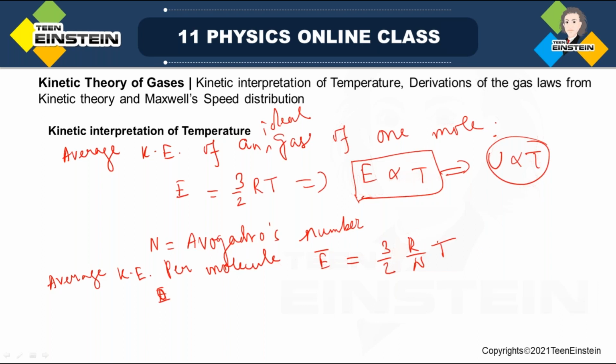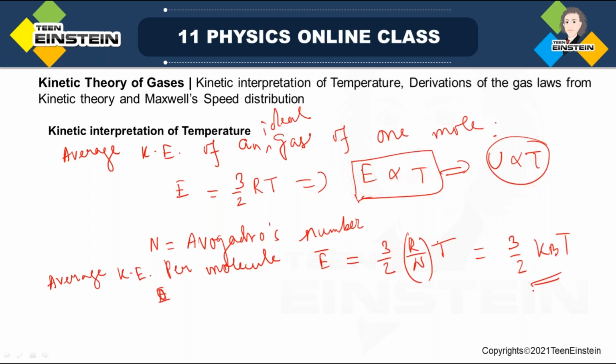So R by N will give you the Boltzmann constant. This is 3 by 2 kBT. So what does this mean? This means the mean kinetic energy per molecule is proportional to the absolute temperature of the gas. It is independent of the pressure, volume, and nature of the ideal gas.